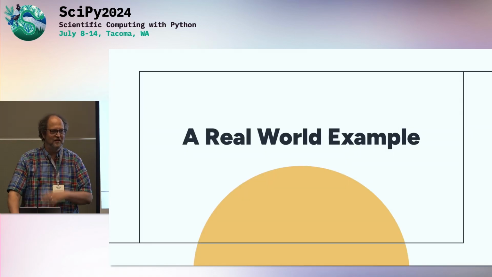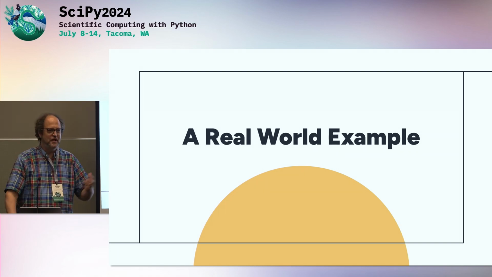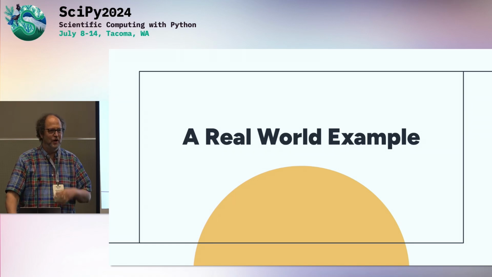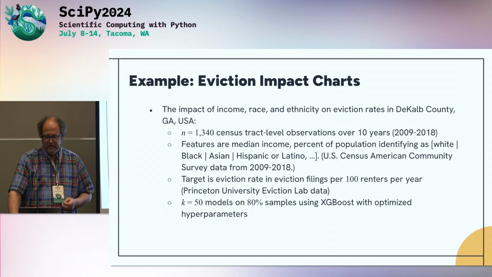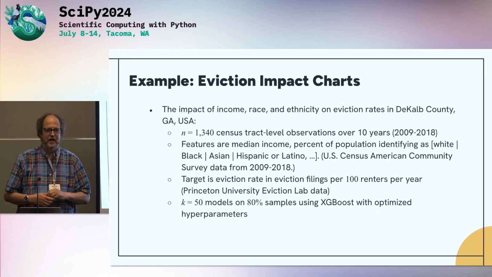It's great that we can find synthetic effects. It's unfortunate that in the real-world example we don't have the ground truth to compare it to, but we can look at it and ask someone who has domain expertise: does what comes out of it make sense? So the example I'm going to show today is eviction data.